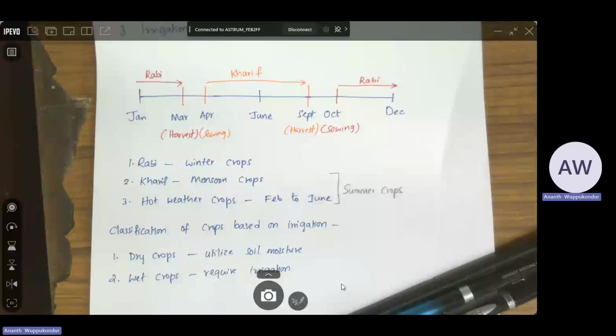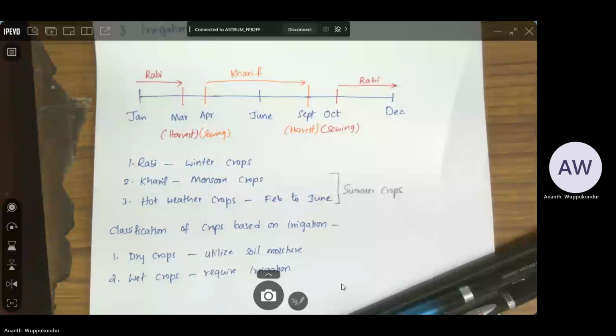So after we receive rainfall in June, July, harvesting starts towards the end of September. Whereas Rabi is the winter season, and usually starts in March.